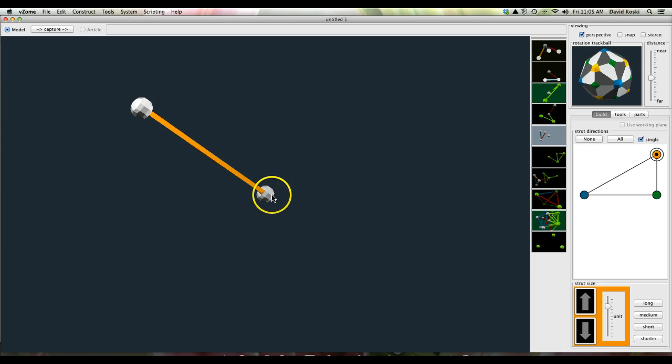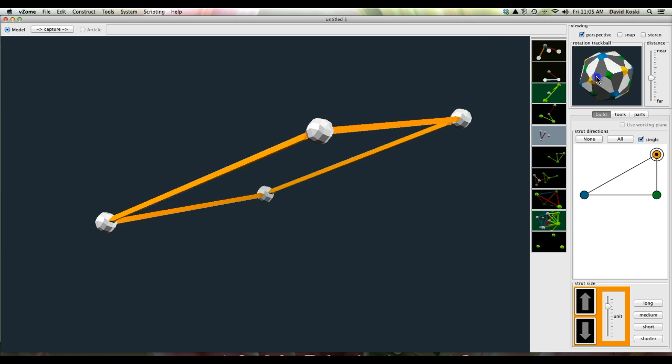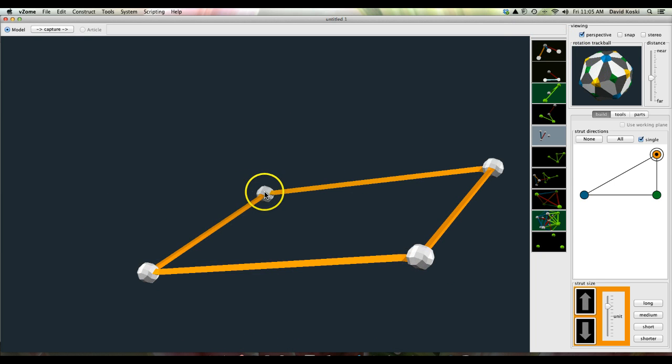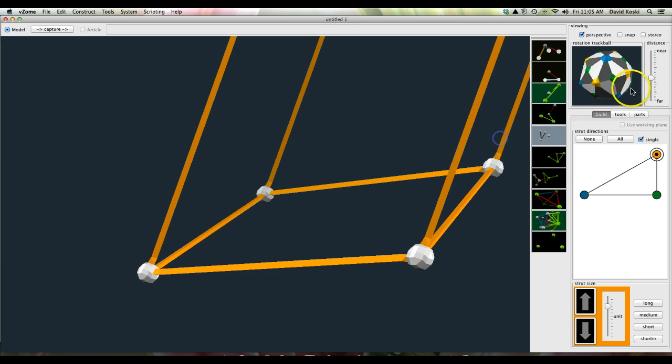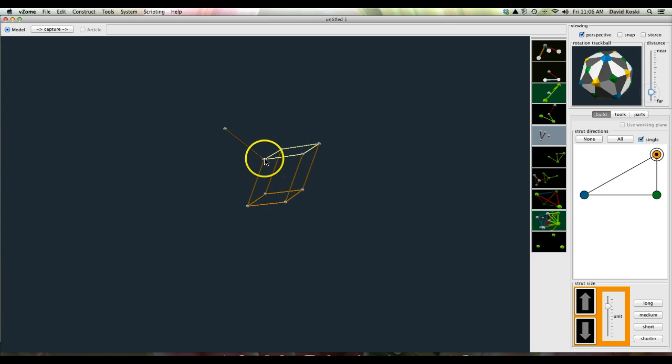Then we have our next option, and we parallel it, and then we have our next option, and we parallel that. Now we've formed a hexahedron, but we haven't used up all of our directions yet. We pick another direction, and then we parallel it.